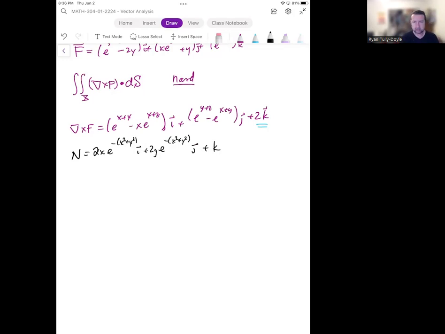And now we have to dot these things together and integrate, which is gross. It's yuck.